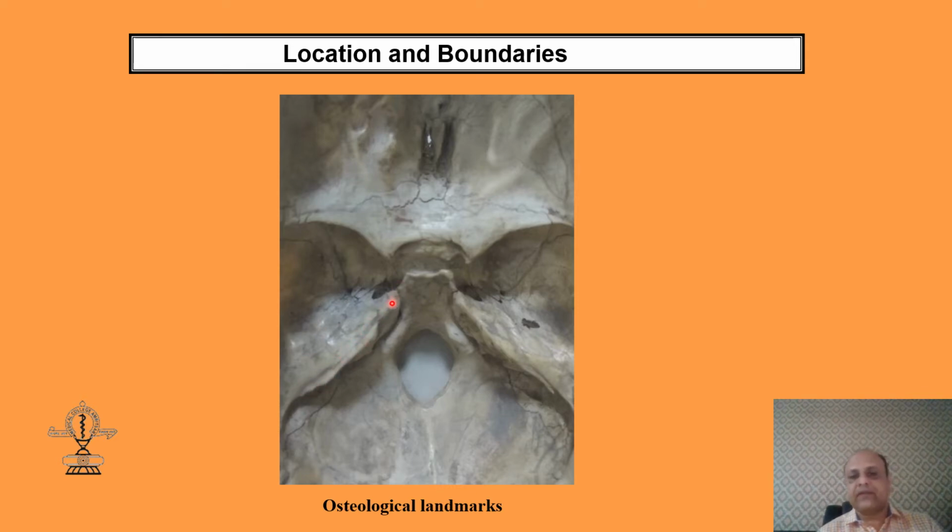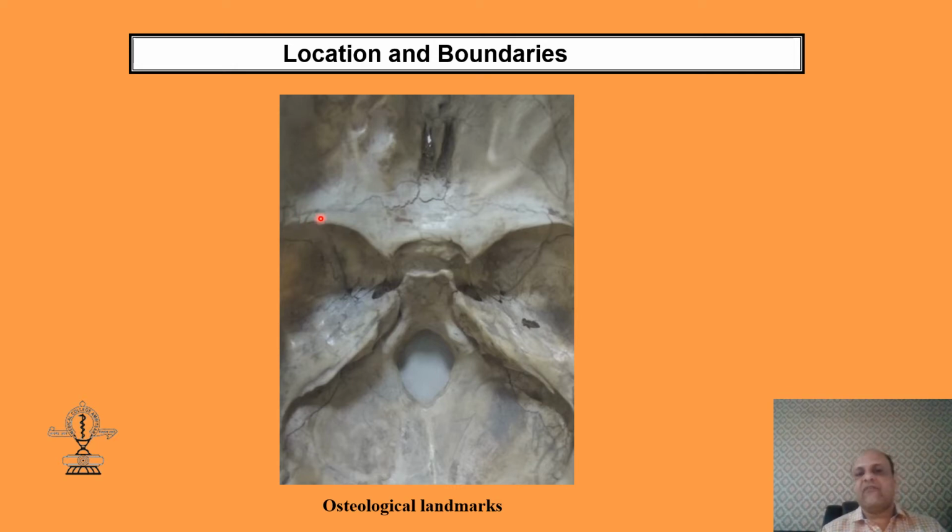From the apex of petrous part of temporal bone, it is going like this. On the superior surface of petrous part of temporal bone, we have a groove for the superior petrosal sinus. And this groove here is for the inferior petrosal sinus. So superior petrosal sinus and inferior petrosal sinus, they represent the drainage channels of the cavernous sinus.